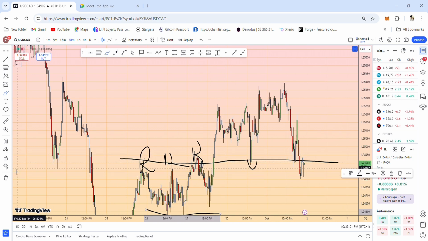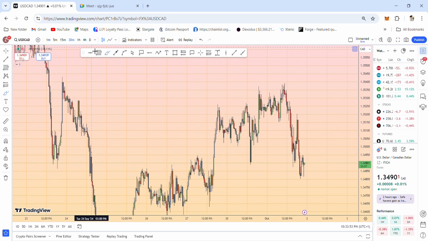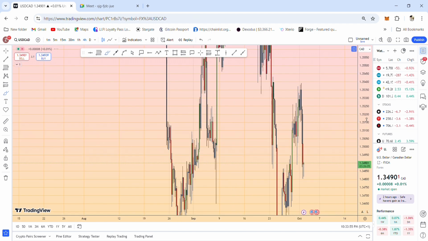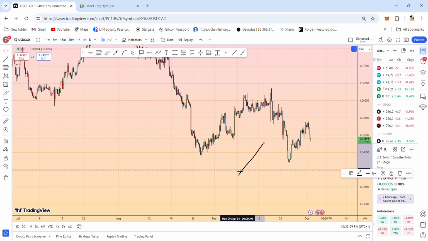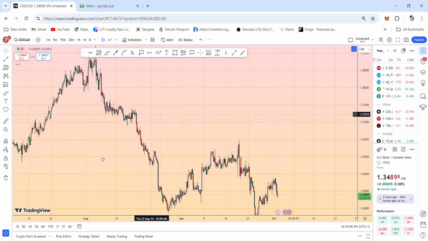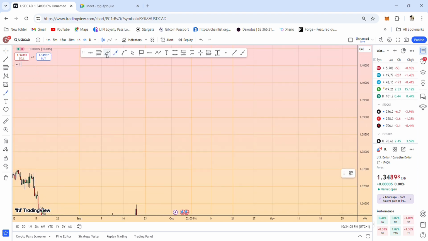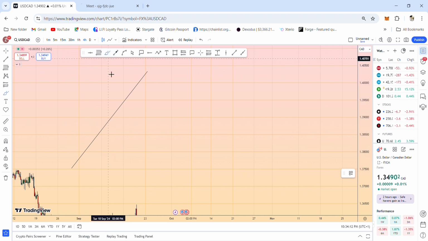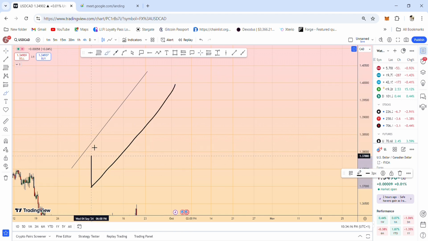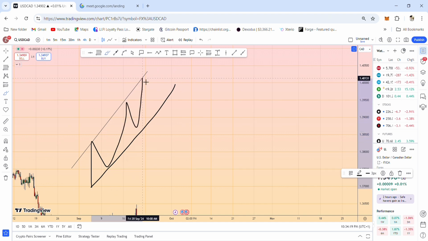So that's support and resistance. So like I said, we have our trend line support. Okay, that's in the uptrend.